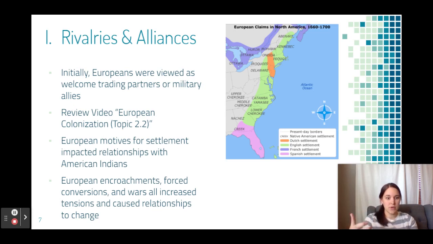But basically what you need to know for this is that the different European motives for settlement did impact their relationships. So for example, the French were really focused on the fur trade. Well, because of the fur trade, they were very dependent on their American Indian allies.